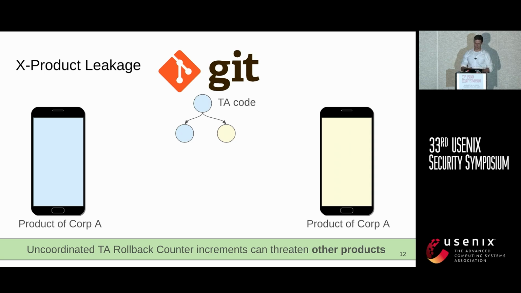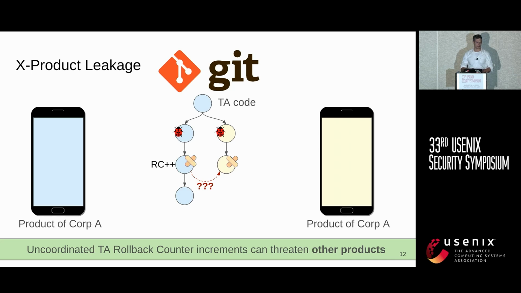The code is forked, and in the case of a trusted application, when a bug is found, these decentralized teams work independently on that. One team patches the vulnerability and increases the rollback counter, whereas the other one patches the vulnerability and forgets to increase the rollback counter.